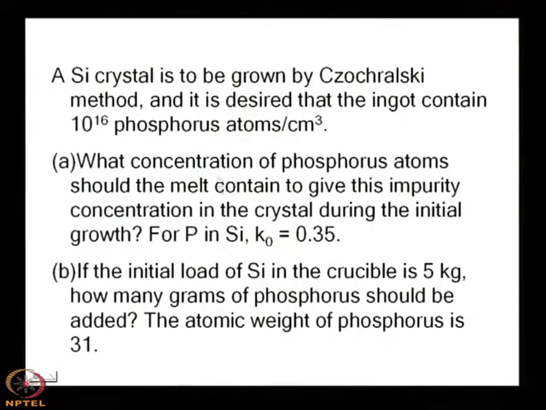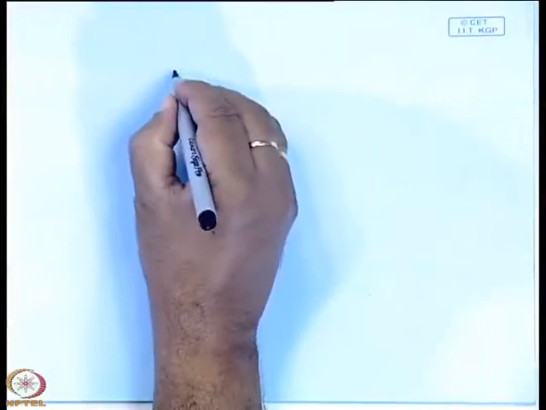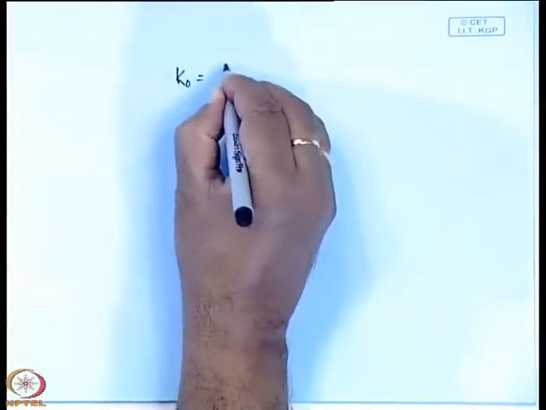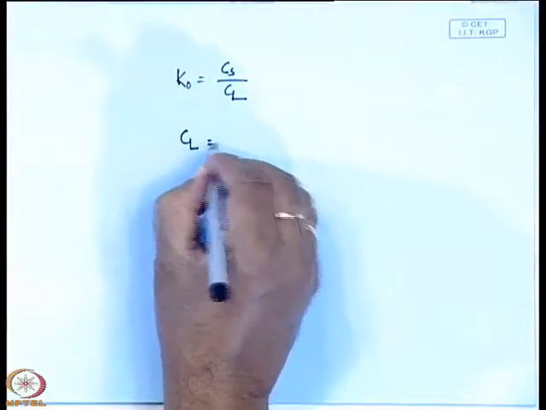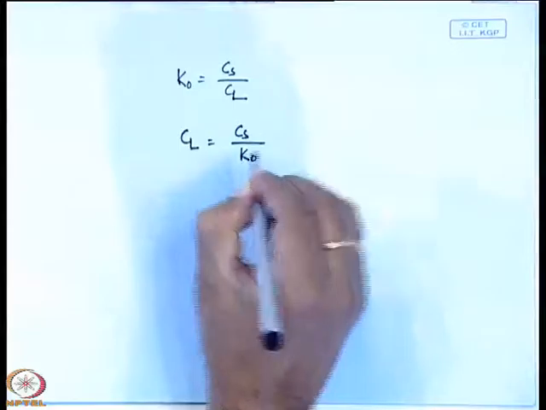So, for this problem, first you have to calculate CS. K0 equals CS by CL, or CL equals CS by K0.